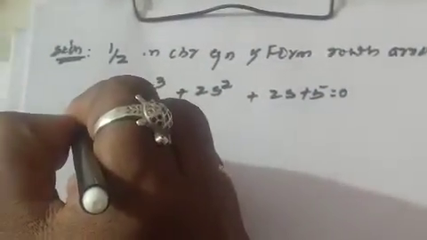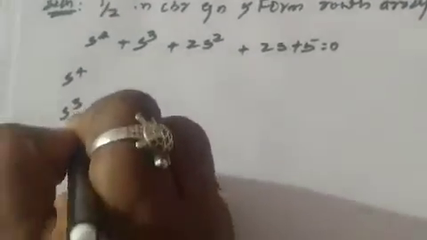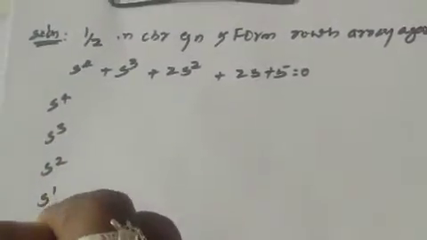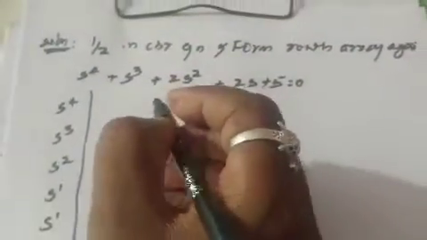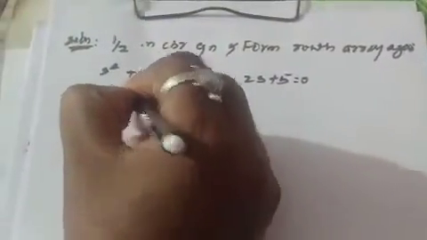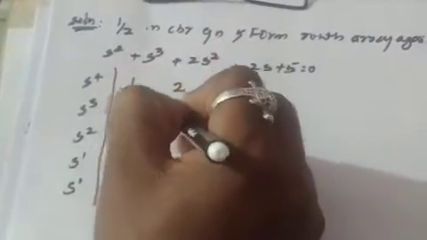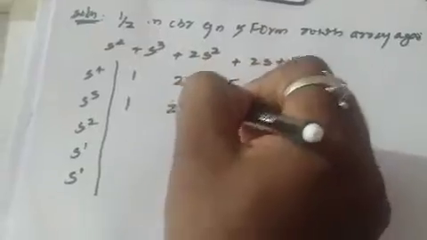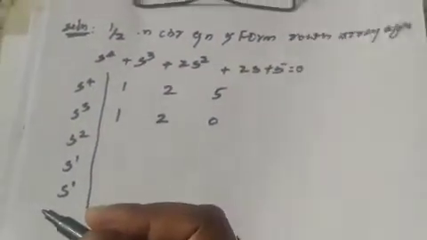To form the Routh array, write s to the power of 4, s to the power of 3, s to the power of 2, s to the power of 1, s to the power of 0. Now write the coefficients of s4: 1, 1, 2, 2, 5, 0.